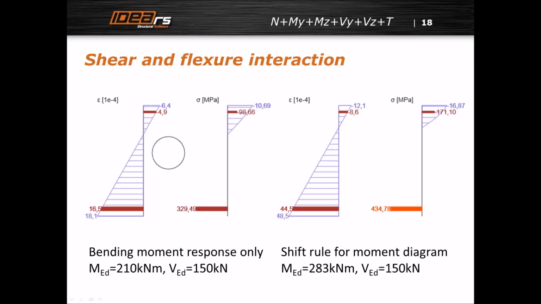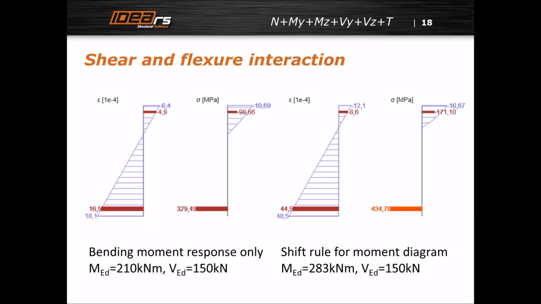First of all, we calculated the response for these forces. You can see that we are more than 100 megapascals below the plastic branch of the stress-strain relationship, and here we have approximately 10.7 megapascals compression in concrete and some compression in steel.